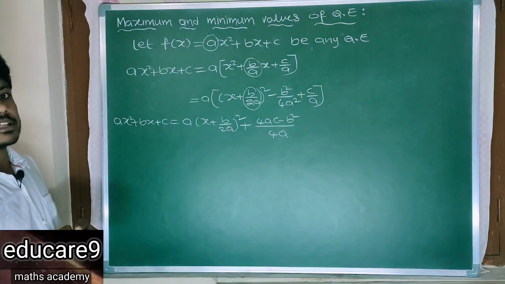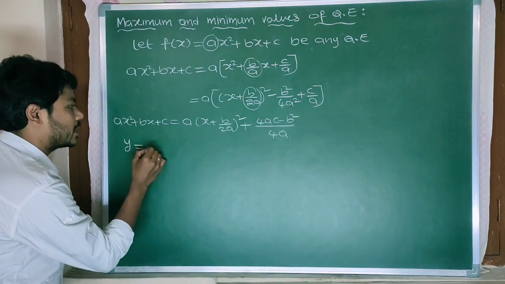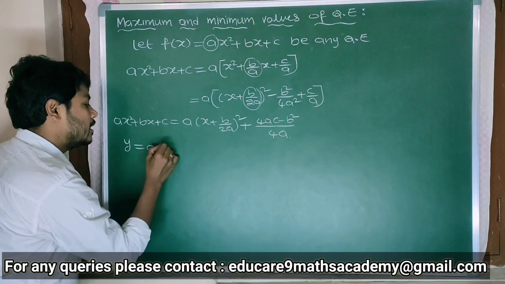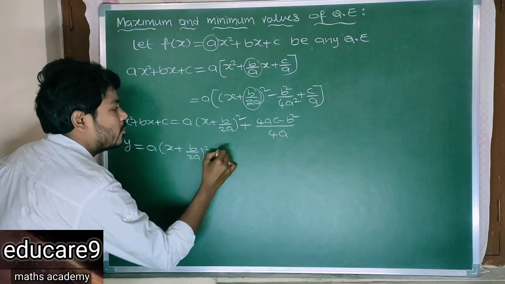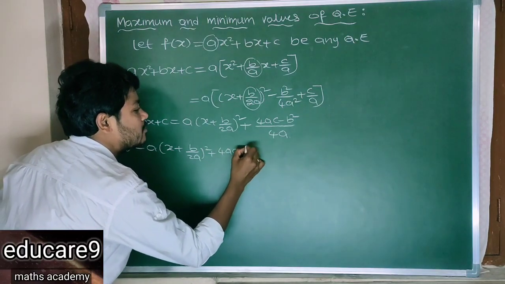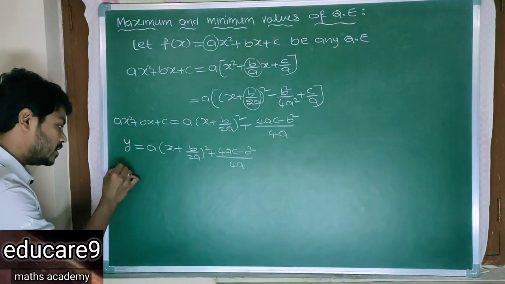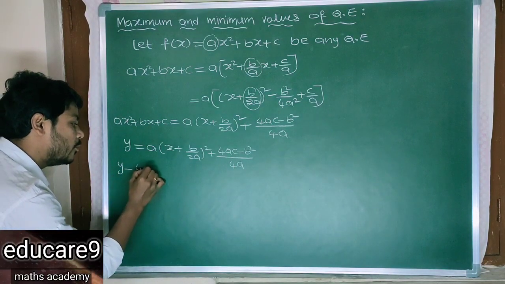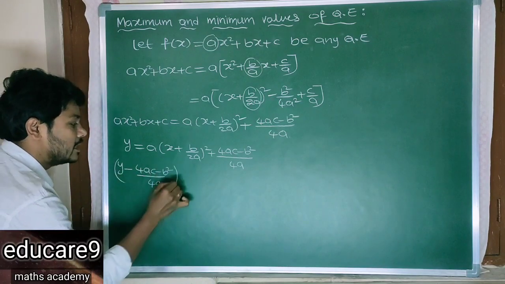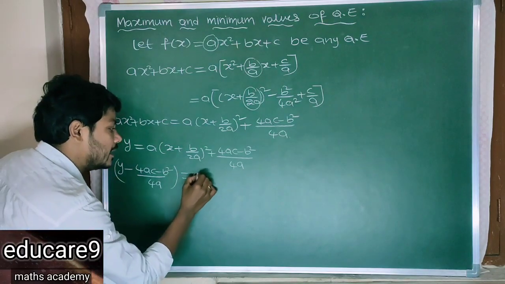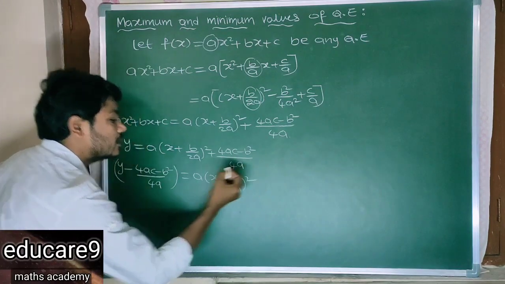Let this quadratic expression be taken as y. Suppose y is equal to what? A into x plus b by 2a whole square plus 4ac minus b square by 4a. Now this becomes y minus 4ac minus b square by 4a is equal to a into x plus b by 2a whole square.